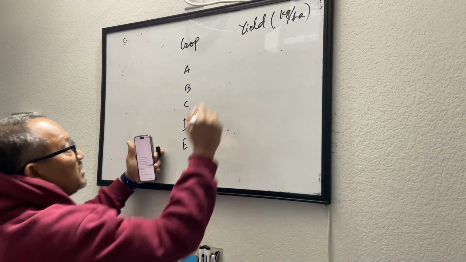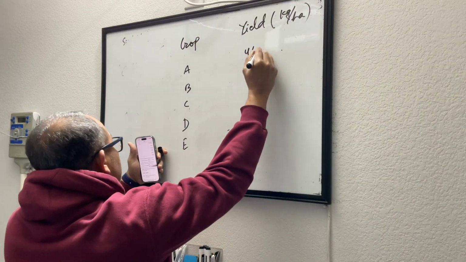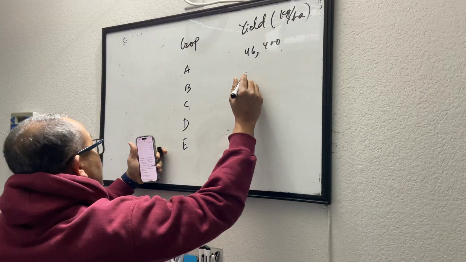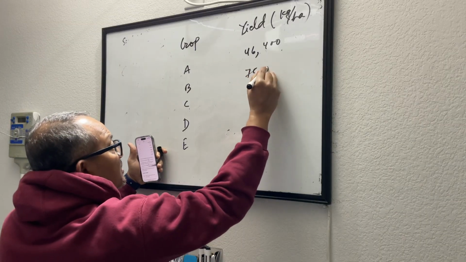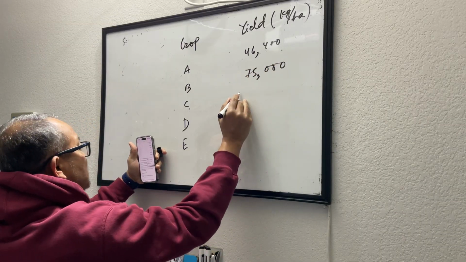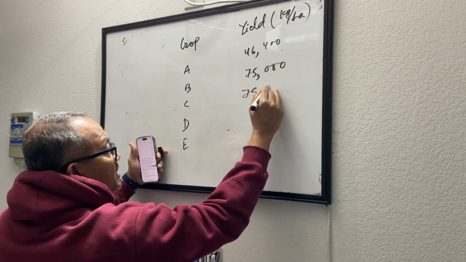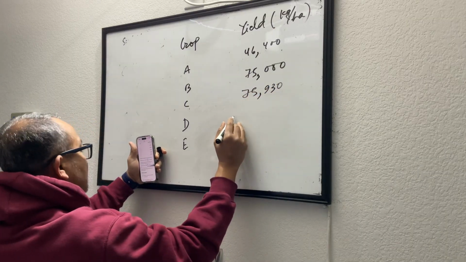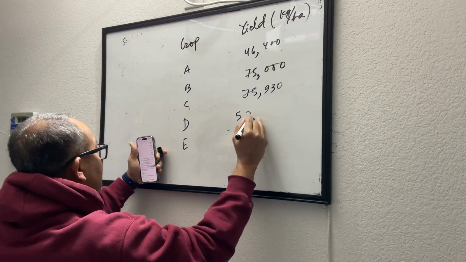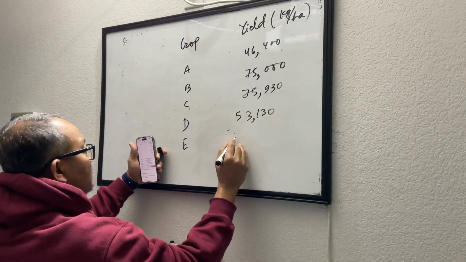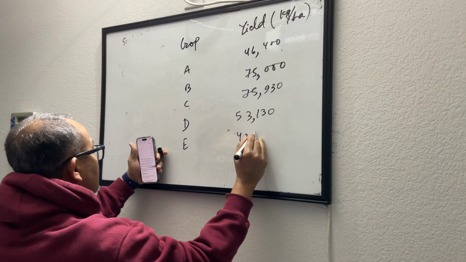Okay, so crop A is 46,400, this one is 75,000, this one is 75,930, this one is 53,130, and this one is 42,530.